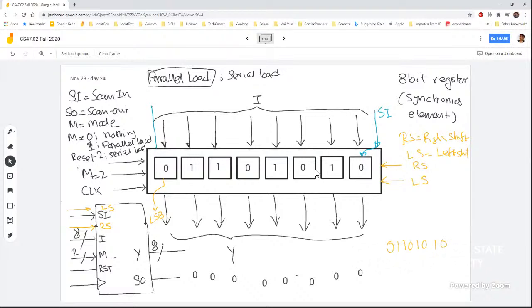So let's go back to my original diagram where I have all 0 inside.